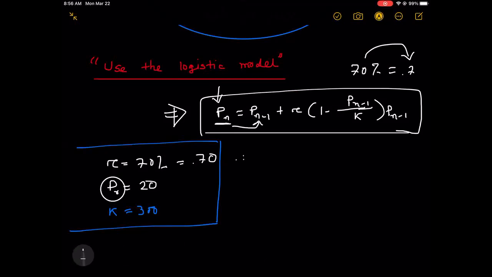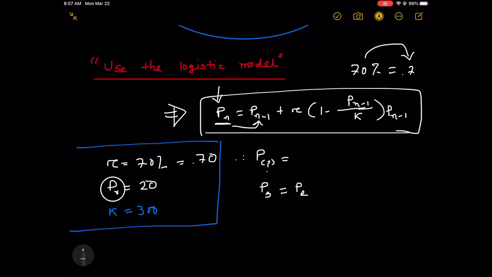So what should we start with? What should be our N here? Which N should we start with? Would it be 3 since that's the one we're trying to find? So for 3, you need P2. Do you have P2? I mean the population on or after the second year?